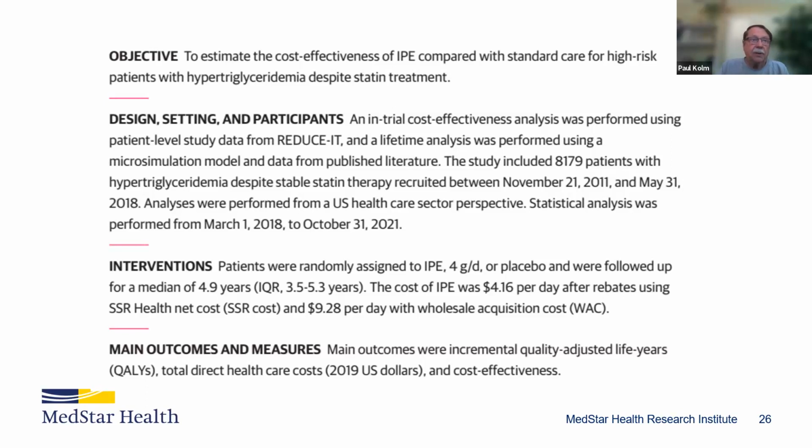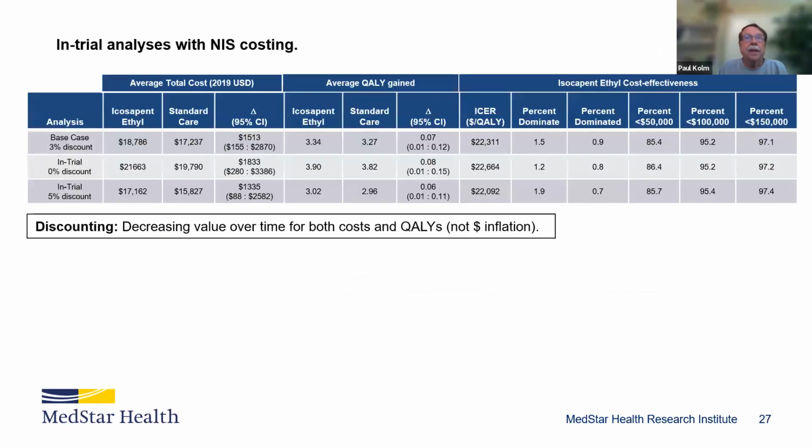And then, so obviously, what we're going to look at is the cost effectiveness of IPE. And so this is a table that is usually presented. I didn't present the table from the paper because it was vertical, and I just took a part of it here to show you how this is presented.